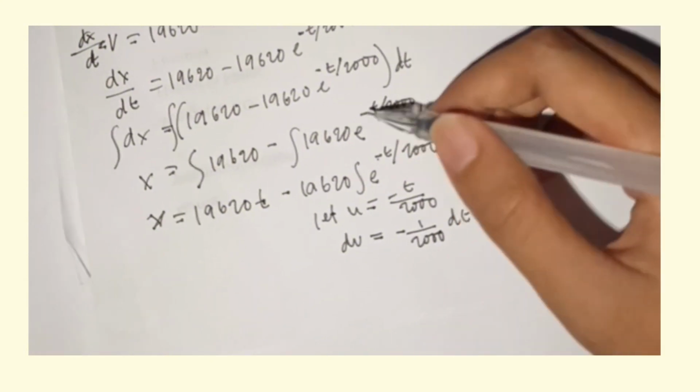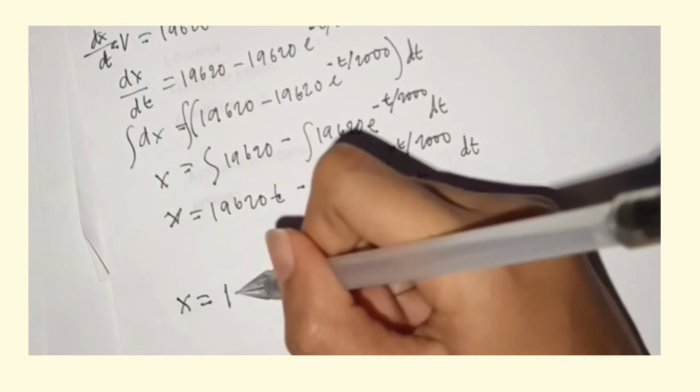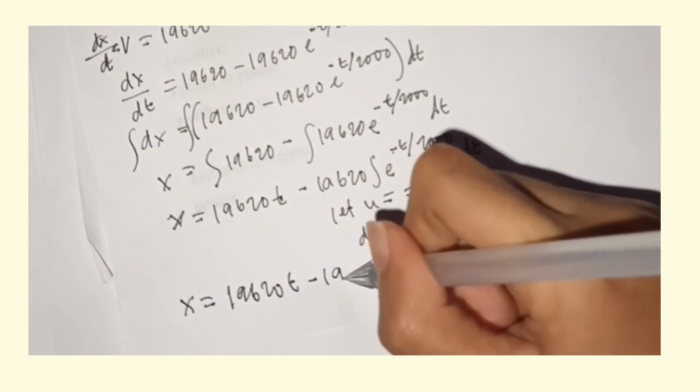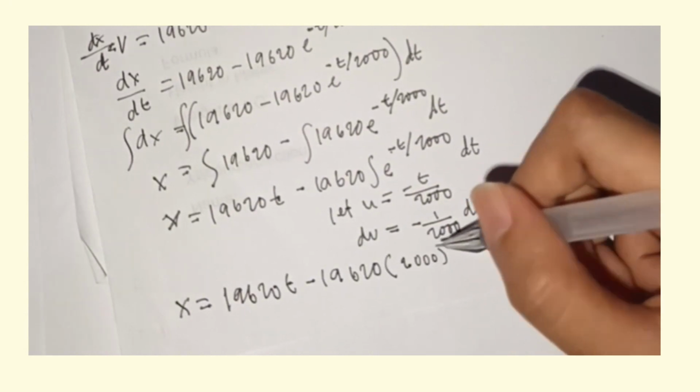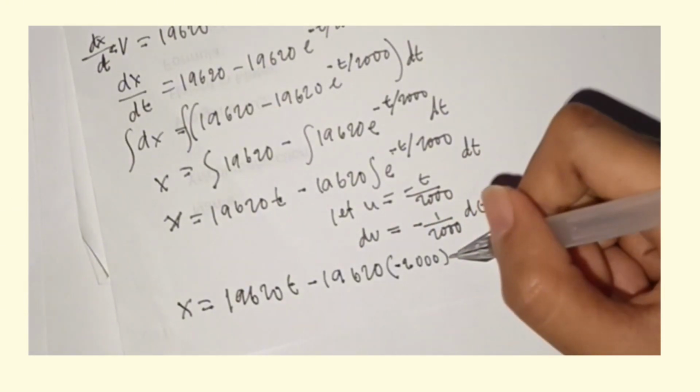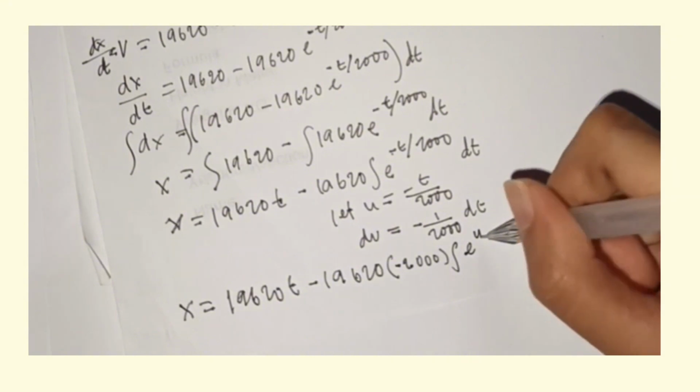We repeat it: 19620 t minus 19620 multiplied by negative 2000, in order for us to integrate e raised to u du.